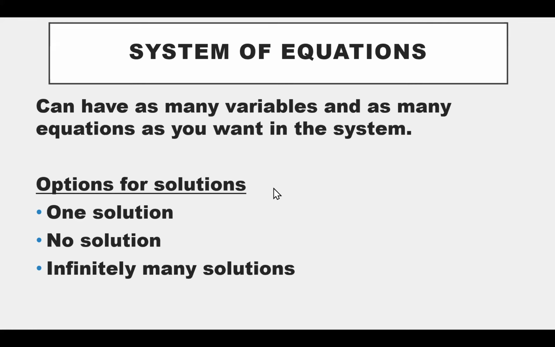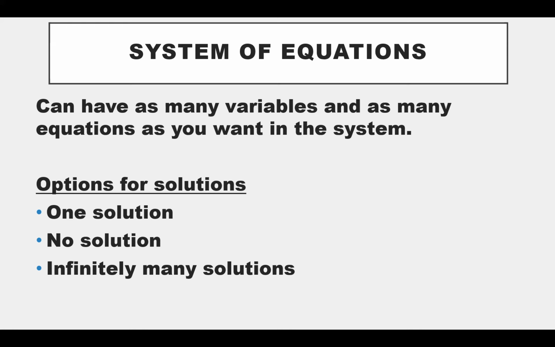Now, again, I'll emphasize even in the 3 equations, 3 variables case, my options for solutions is that I get a single solution, which is an ordered triple, or I get a no solution problem, or I get infinitely many solutions. So that is the same option in systems with 3 equations and 3 variables, just like it is with 2 equations and 2 variables.